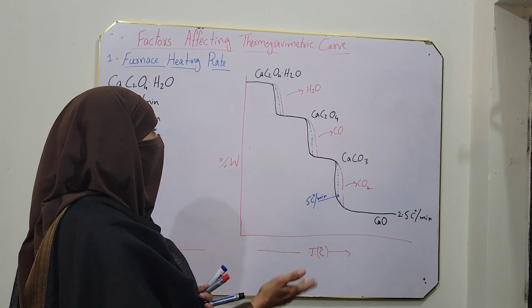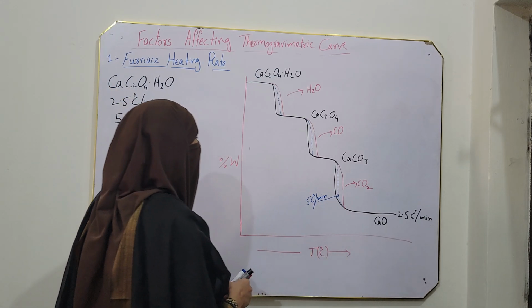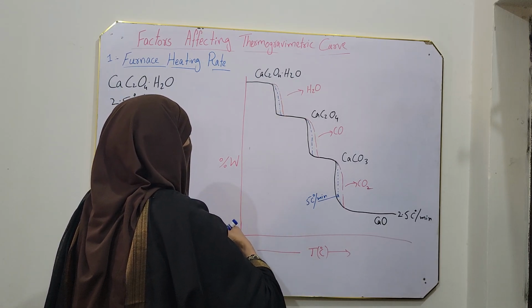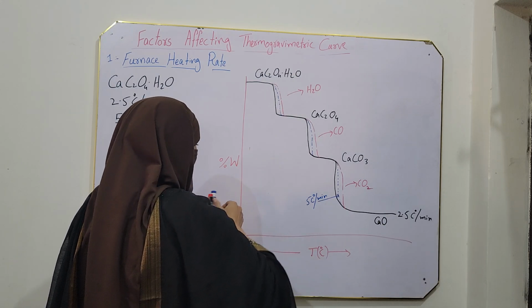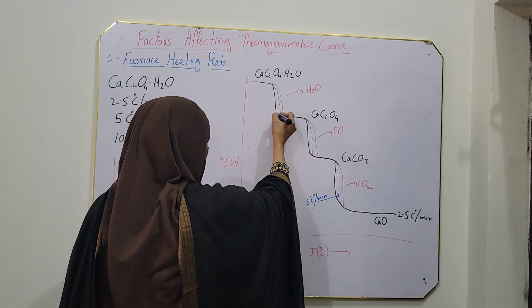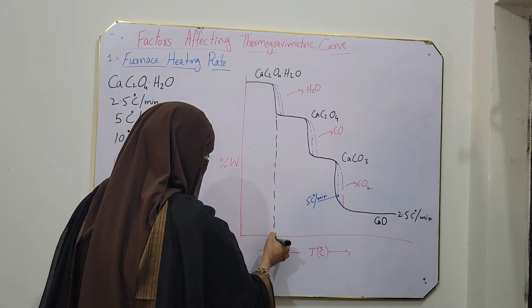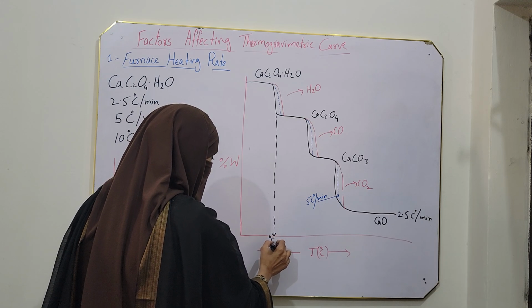Now when the heating rate is increased, the second heating rate is 5 centigrade per minute, and the effect is observed by this blue line. Now the same step starts at this temperature in the presence of the 2.5 centigrade per minute heating rate. The first decomposition starts at this temperature, say it is C1.